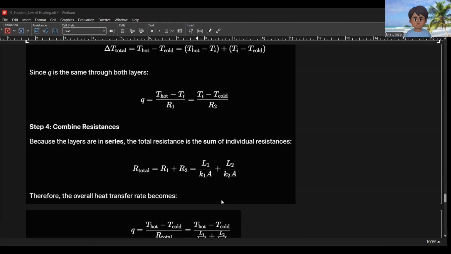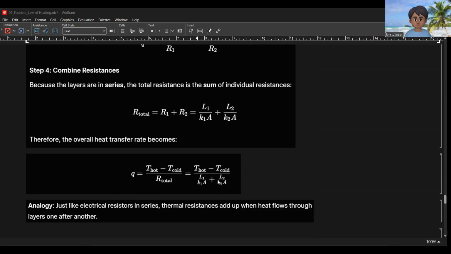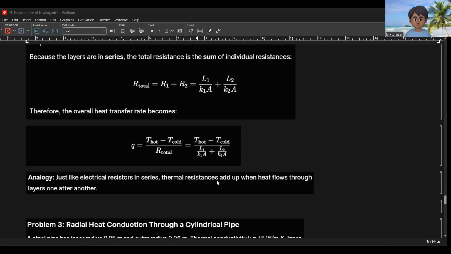The total overall heat transfer rate becomes this. So the analogy: just like electrical resistors in series, thermal resistances add up when heat flows through layers one after another.